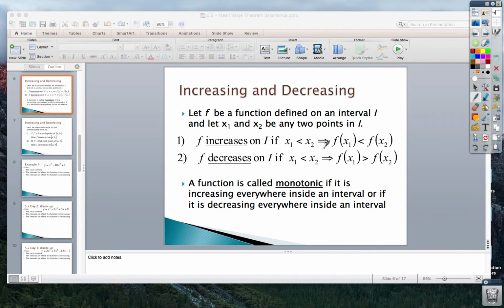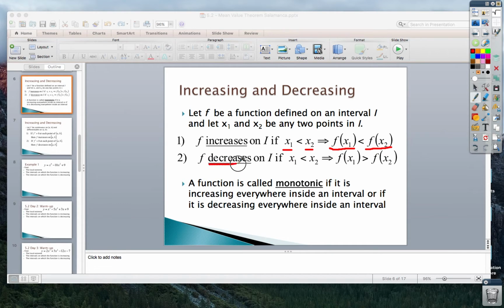So that basically means if x sub 2 is a greater value than x sub 1, then the function with that number plugged in is greater than the value of x sub 1 substituted into the function.